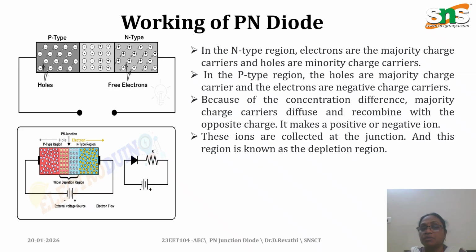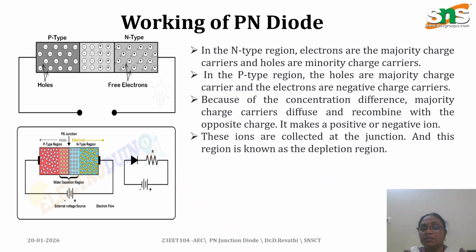If you add a bias voltage, that is an external voltage through a battery, the barrier can be broken and current will flow from P type to N type. Depending on the material, silicon needs 0.7 volt and germanium 0.3 volt. If the positive terminal of the battery is connected to the P-type material and the negative terminal to the N-type material, it is forward bias. If the P-type material is connected to the negative and the N-type material to the positive terminal, it is reverse bias.